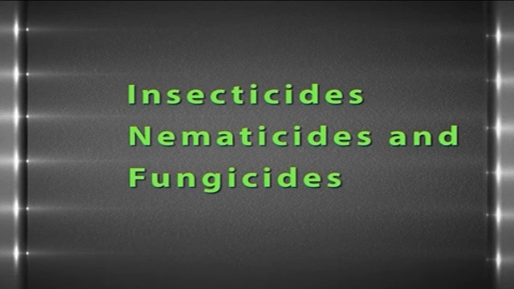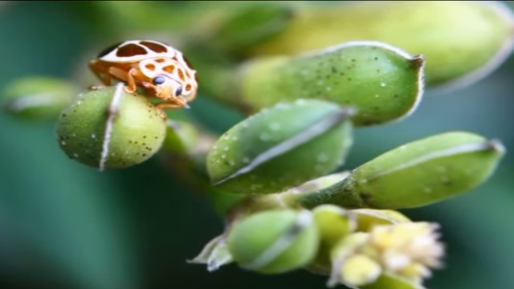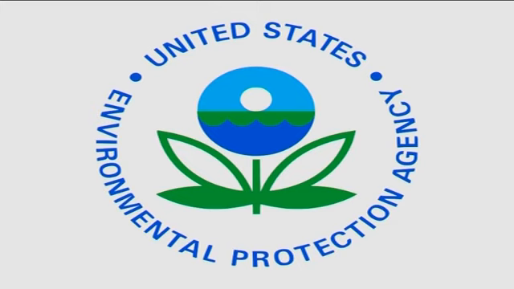Synergists are used with a variety of pesticides including insecticides, nematicides and fungicides. Synergists typically have little if any activity against the pest when used alone. However, EPA policy is to include synergists in the active ingredient statement on the product label.